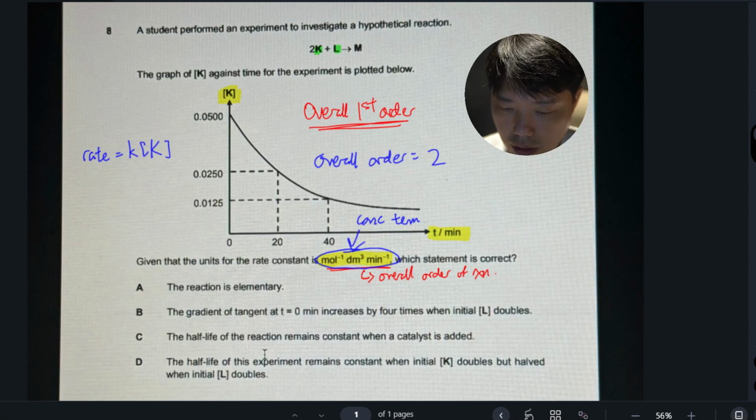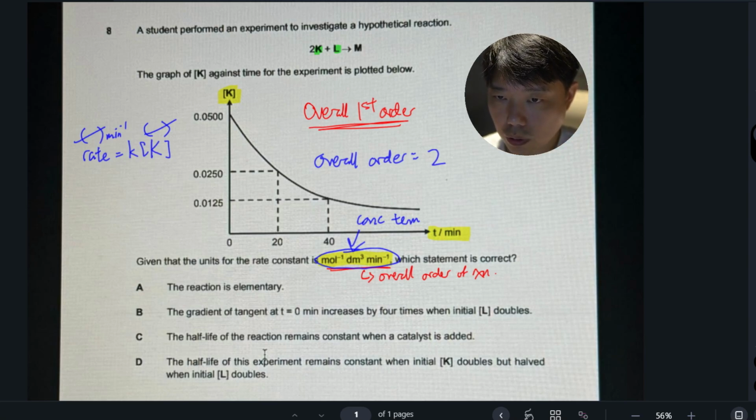If it is just an overall first order, a clean first order, a real one, then the concentration term on both sides, I'll denote it using a round bracket, the concentration term on both sides should cancel off nicely. Okay, this is per minute.